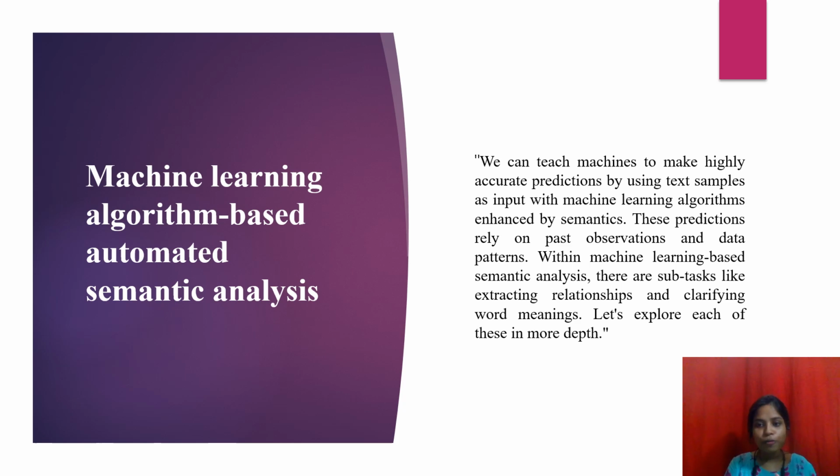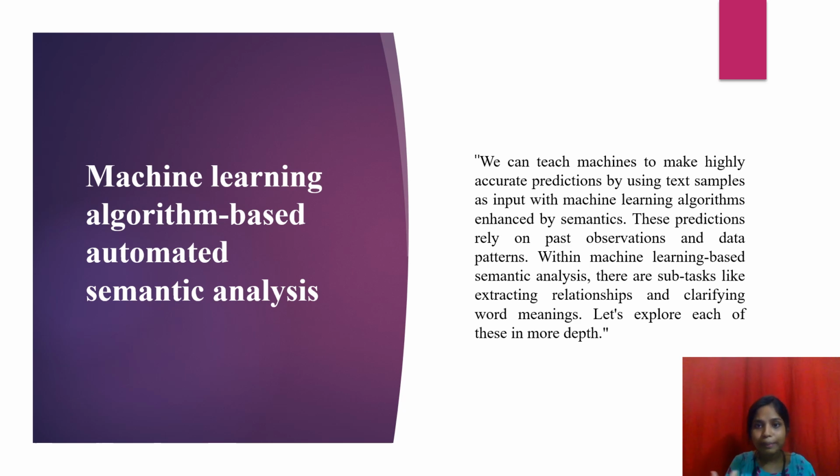Up till now, we have seen a lot about what semantic analysis is, how it works, about its elements, about lexical semantics. Let's now have a look into the machine learning algorithms. We can actually assist machines in getting remarkably good at making accurate predictions. How do we do it?